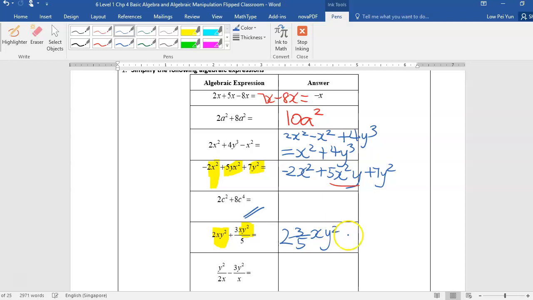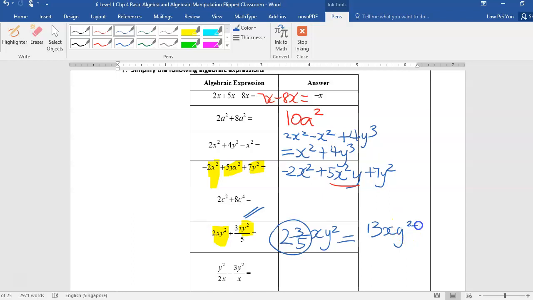Mathematicians using algebra, we like to write it as an improper fraction, so that we are clear that the xy is with the numerator, and this is a fraction, not 2 times 3/5.